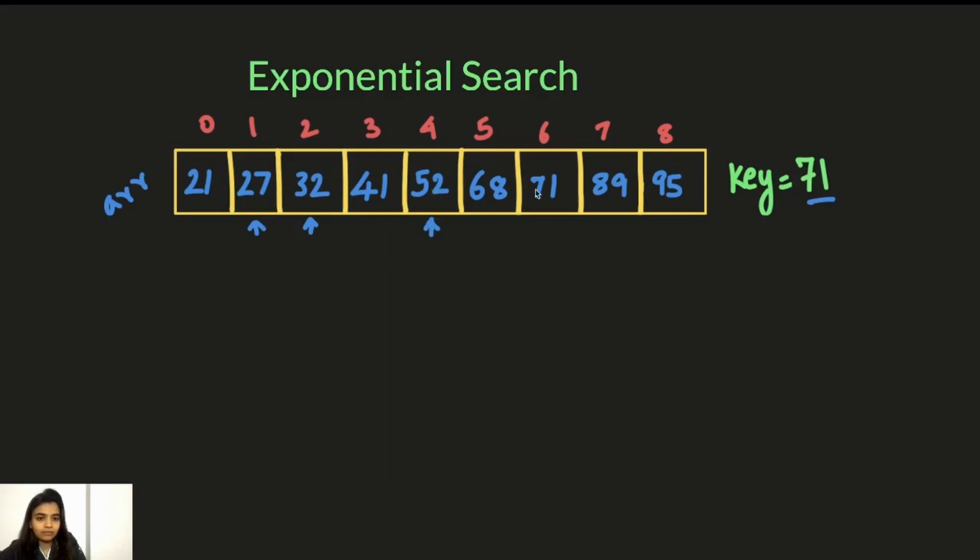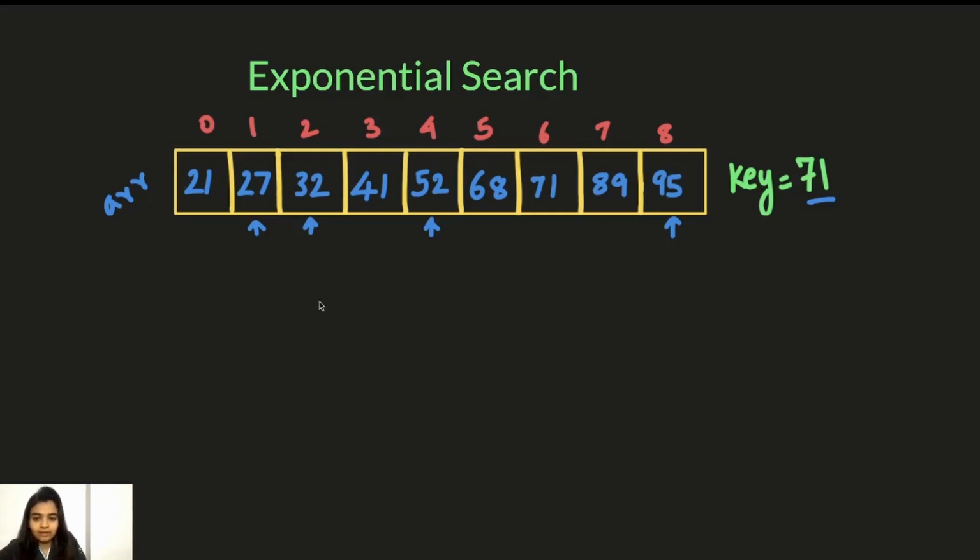Then we check if this fourth element is greater than the key. Then we again multiply the index by 2. That is, we keep multiplying the index by 2 and checking if it is greater than the key. Once it becomes greater than the key, we stop. We break that part of the subarray and we apply binary search on it. This is what exponential search is.